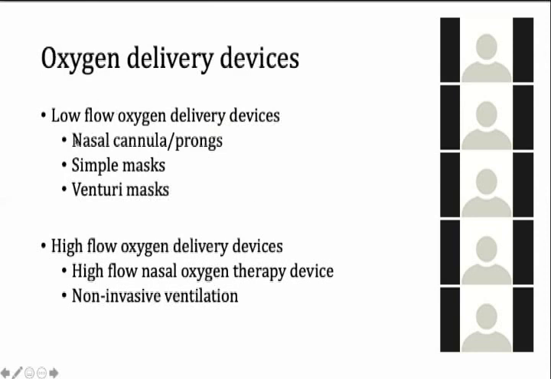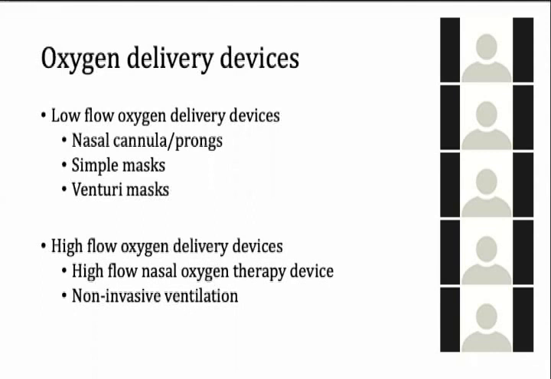Low flow devices are the nasal cannula, simple mask and Venturi mask. I will show you what these devices are. They use a relatively lower rate of oxygen to deliver the desired amount of FiO2, in contrast to the devices listed below, like high flow nasal oxygen and non-invasive ventilation, where we use a higher rate of oxygen.